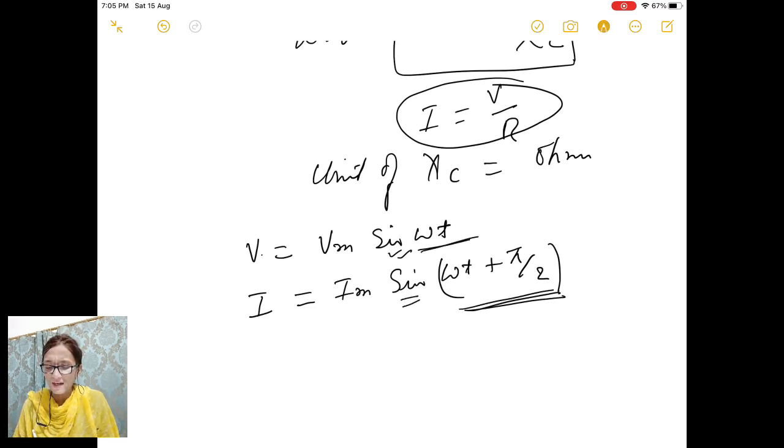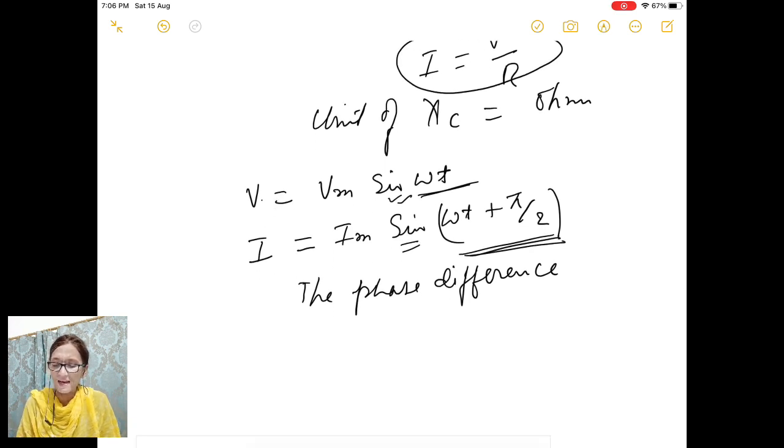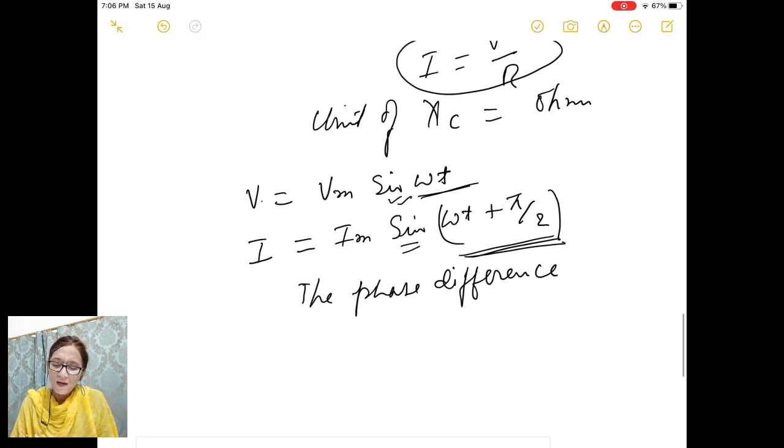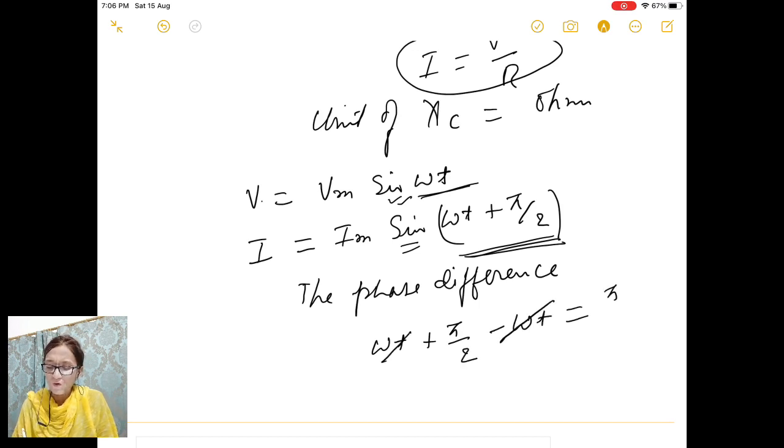So you can compare the angles now, and you can find the phase difference between instantaneous current and instantaneous voltage. You subtract this value from this one. So omega t plus pi by 2 minus omega t, and here you have pi by 2. So a phase difference of pi by 2 is there between instantaneous current and instantaneous voltage.